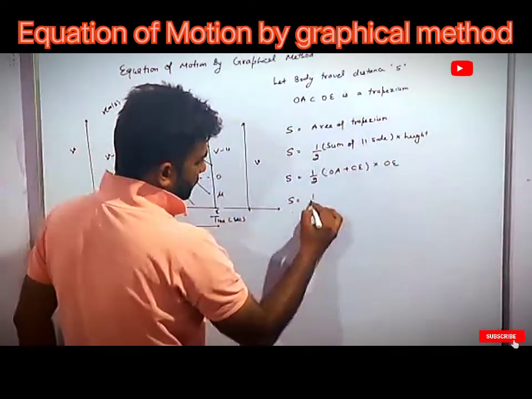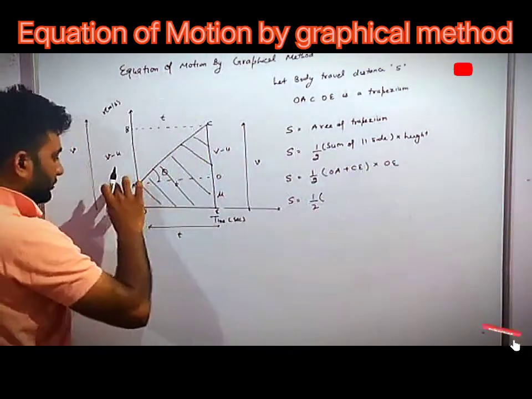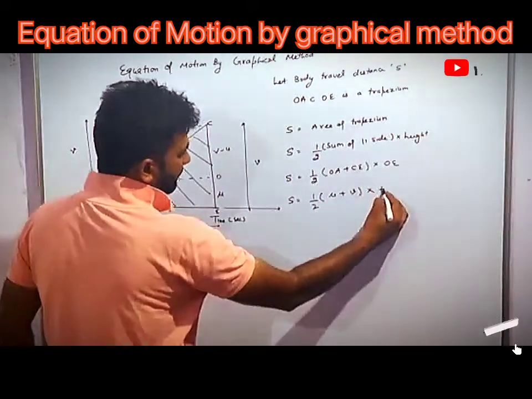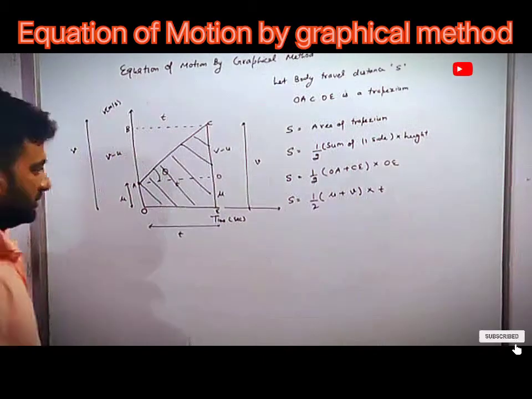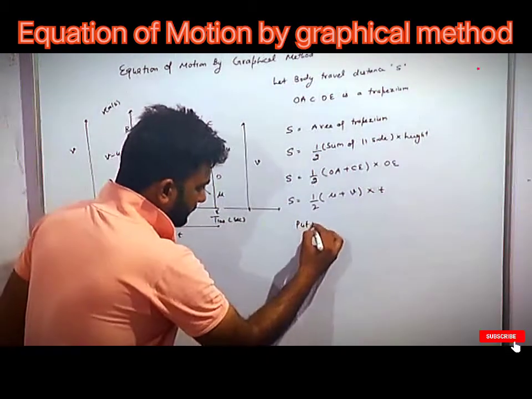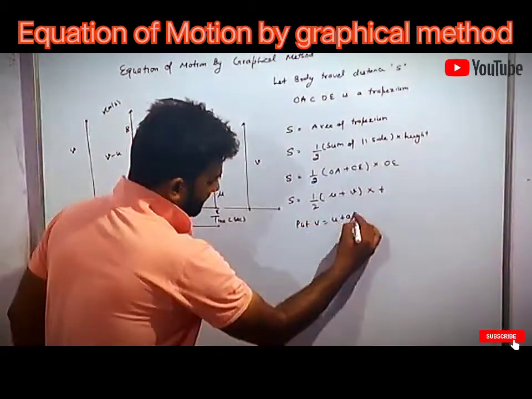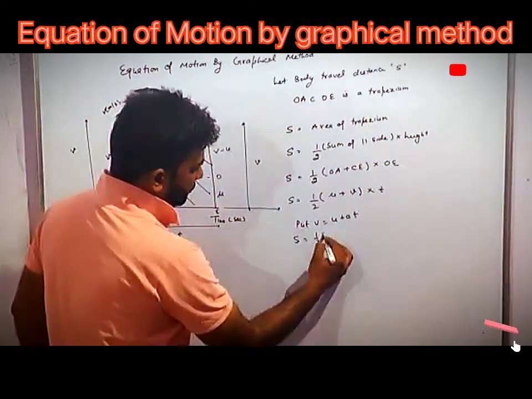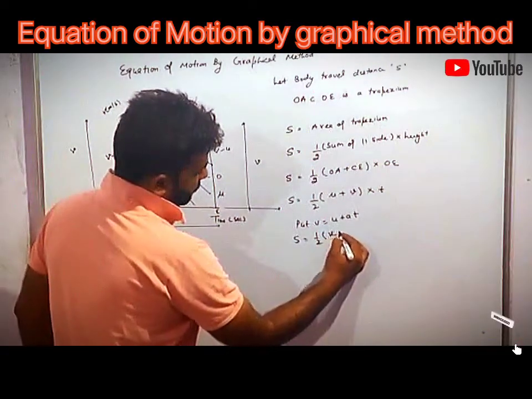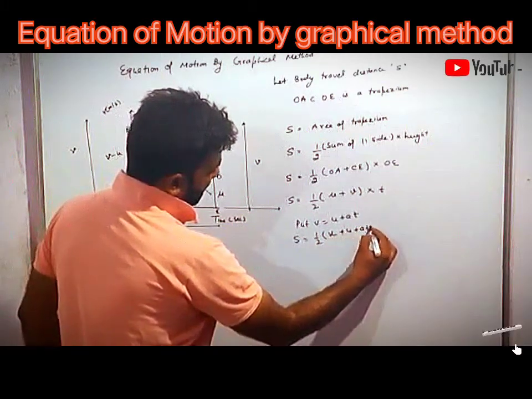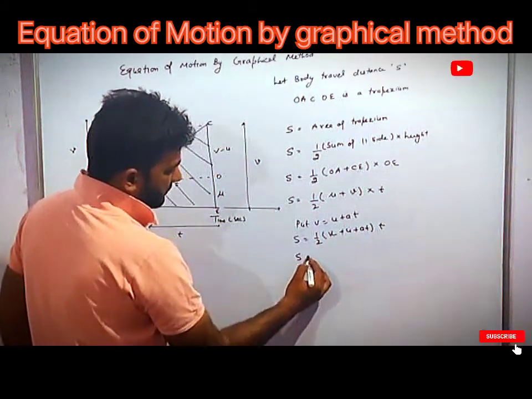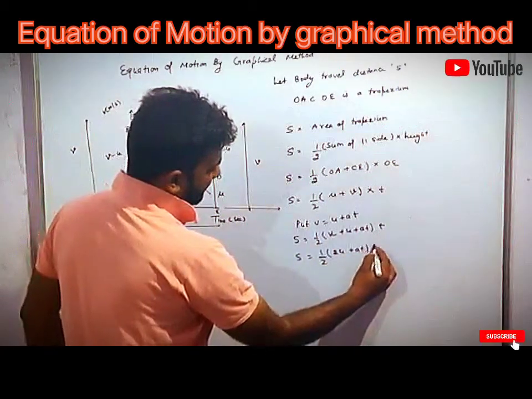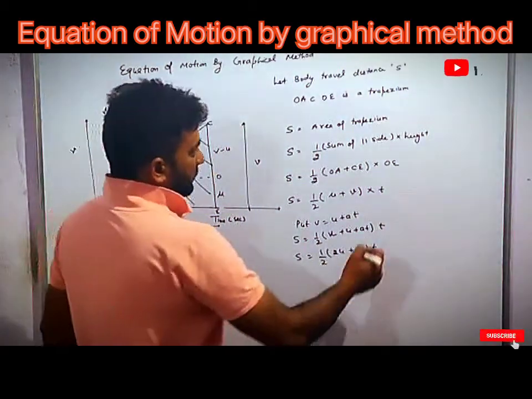So S is equal to 1 by 2, OA is equal to u, CE is equal to v and OE is equal to t. Put v is equal to u plus at. So S is equal to 1 by 2 (u plus u plus at) into t, which is 1 by 2 (2u plus at) into t.